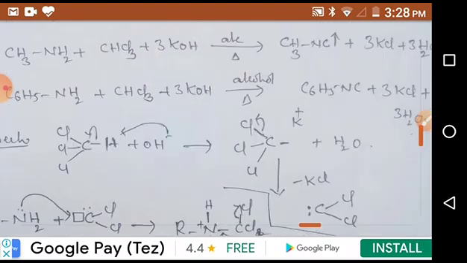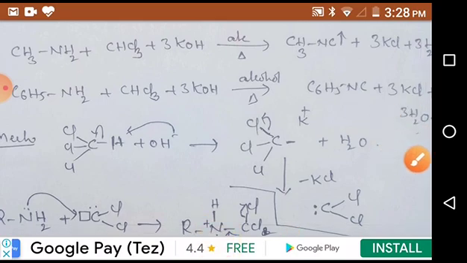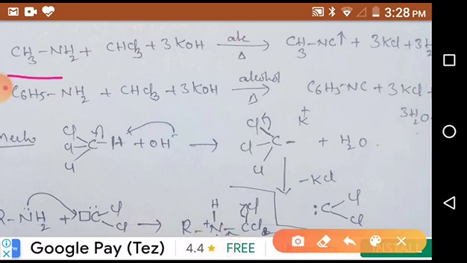Methylamine, aminomethane, reacts with chloroform and alcoholic KOH. These are the three reactants: methylamine plus chloroform plus alcoholic KOH.